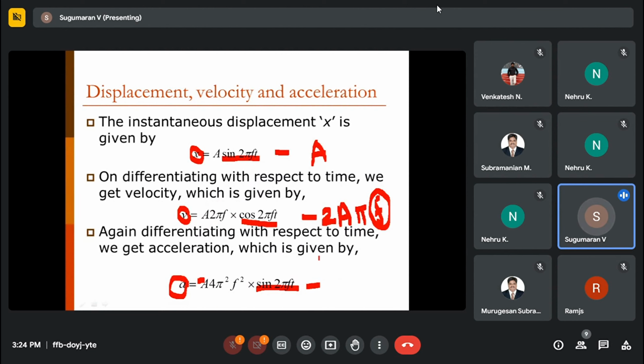The same idea, when you look here, it is not 2, it is 4 times amplitude pi square. It is not pi, it is pi square: 3.14 into 3.14, and f square.